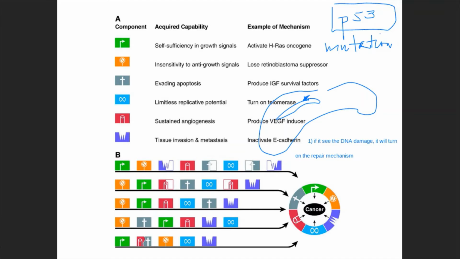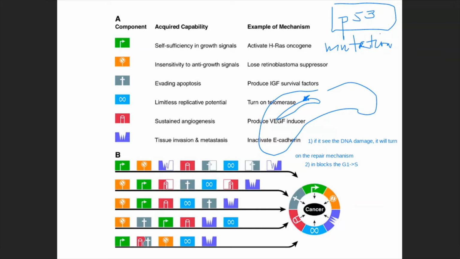We're not going to talk about different kinds of mutation. Just say mutation. If it sees that, it tries to repair it by fixing it. Now, in a way similar to RB, it blocks the G1/S transition, right? It makes sense. You don't want to go into S phase with damaged DNA.